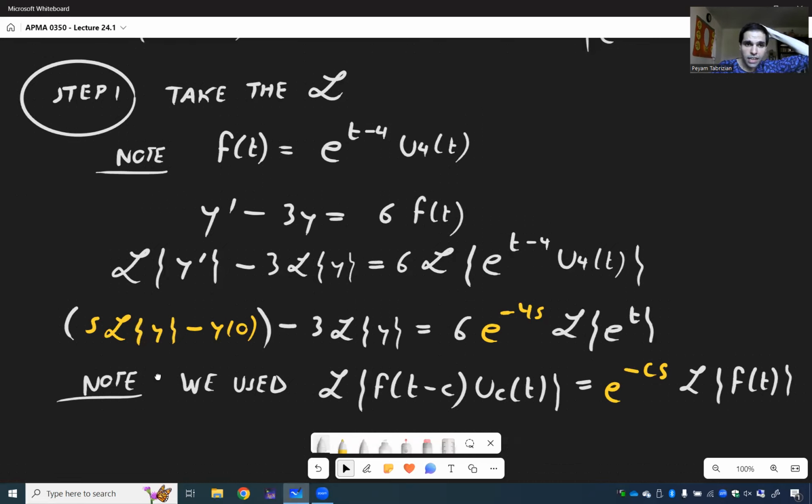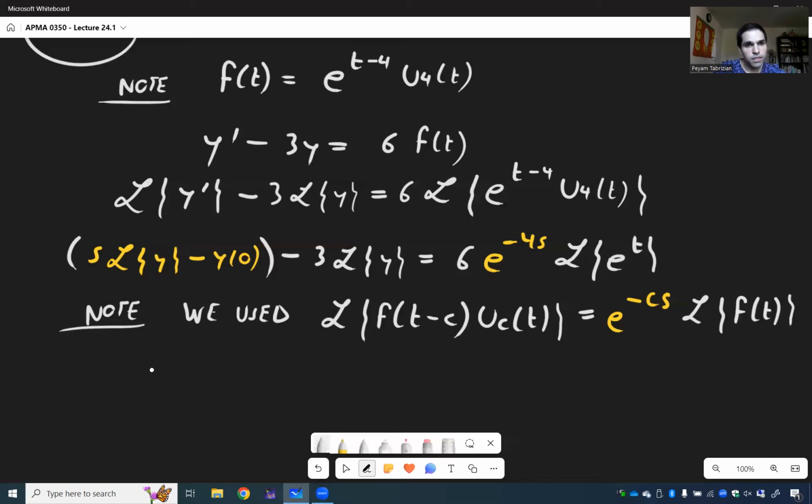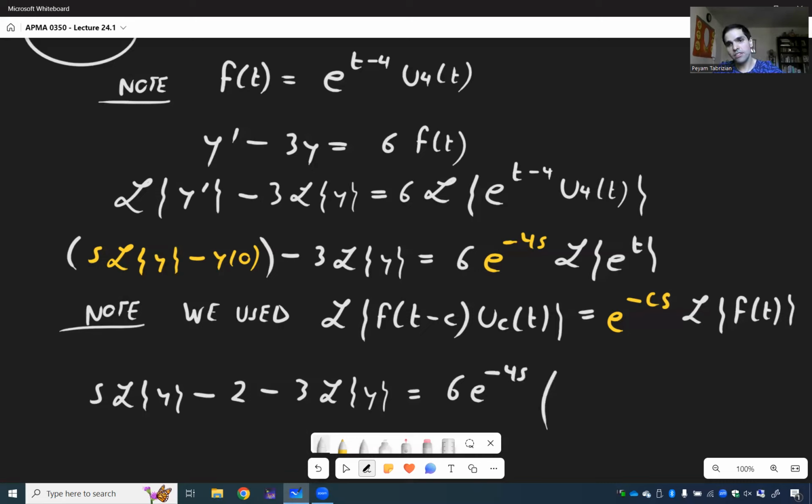All right, and then if you do that, you get, well, sL of y, and then I think y of 0 was just 2, minus 3L of y is 6 e to the minus 4s. Laplace of e to the t is 1 over s minus 1.